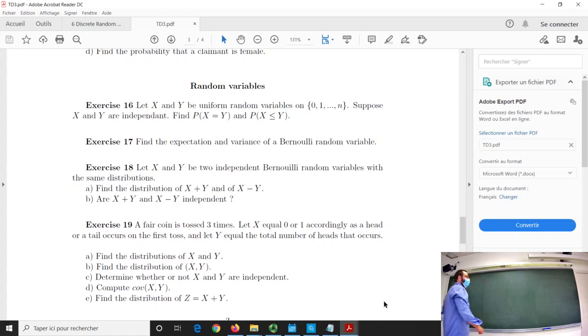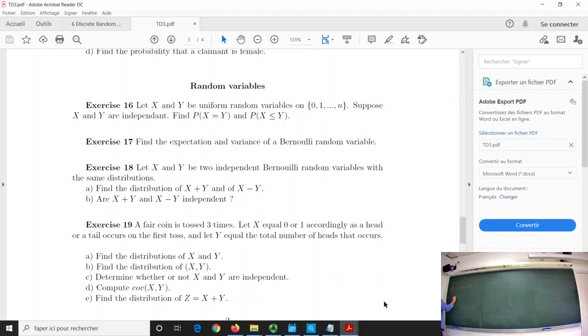So, using my notations, X and Y are independent random variables, and I suppose that X and Y follow a uniform on these finite sets. So first of all, I know that the possible values for X and Y are in this set.